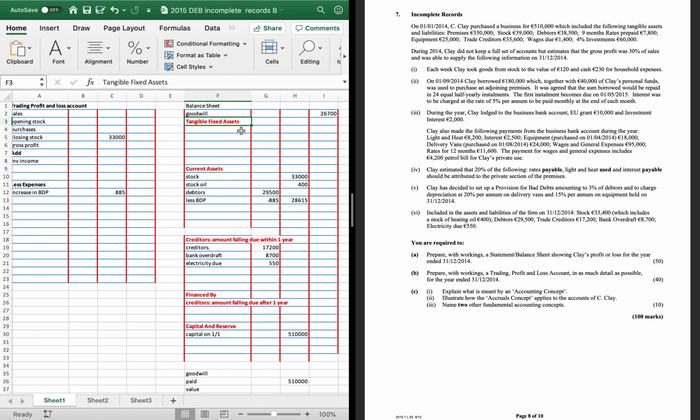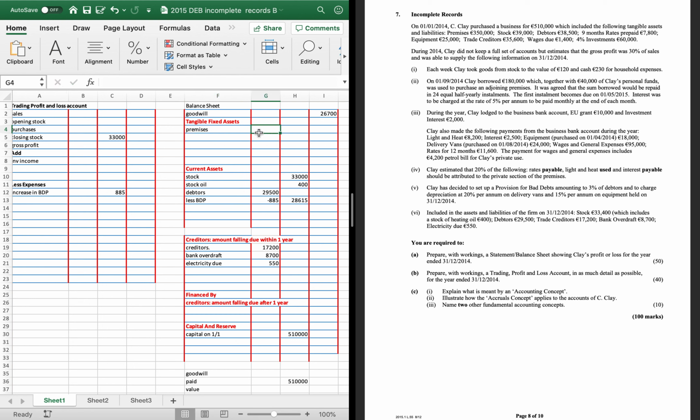Okay, so from there we'll start at the top and we'll start working our way to the bottom. So premises. He started off with premises costing 350. Now I don't see any depreciation of premises, which is fine, but it says on the first of the 9th he borrowed 180,000 together with 40,000 of his own money.